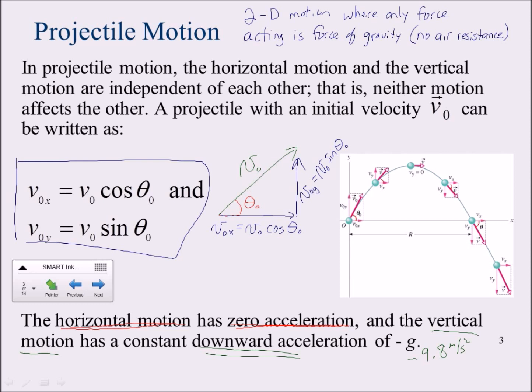In the horizontal direction, there's no acceleration. It's just something that's moving at a constant velocity in the x direction. That picture that's showing the path of the ball and the velocity at the different times, we're going to return to in a later slide and talk about in a little bit more detail.